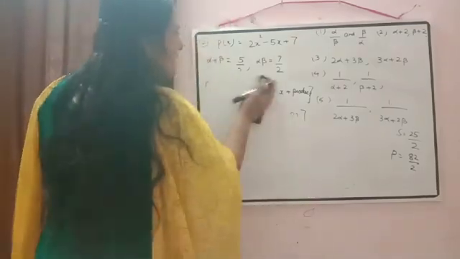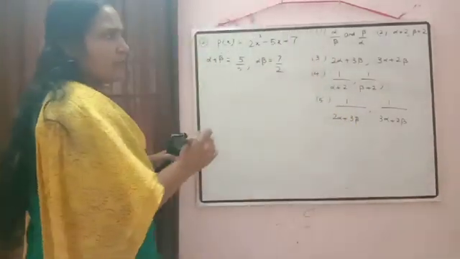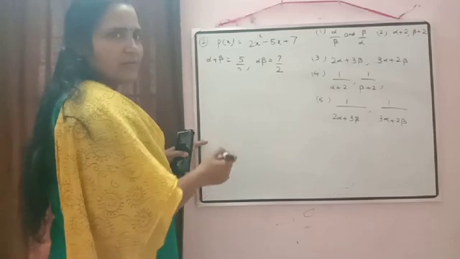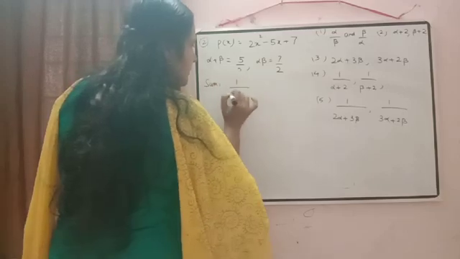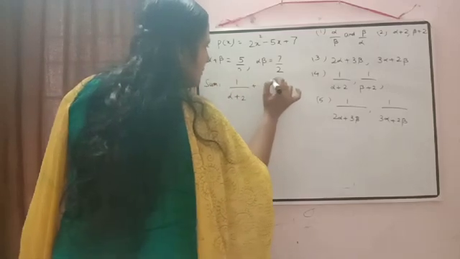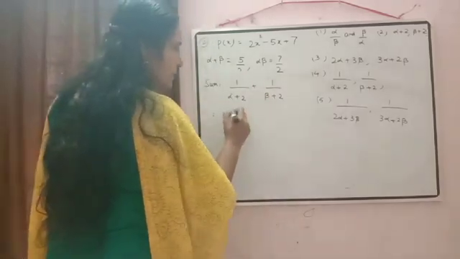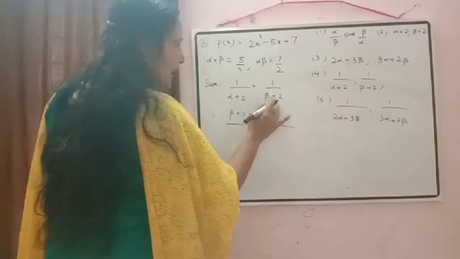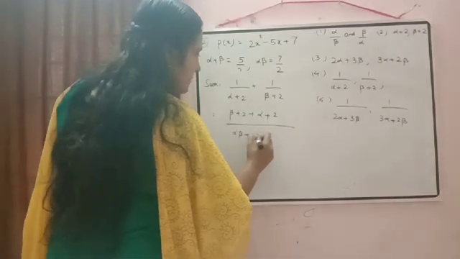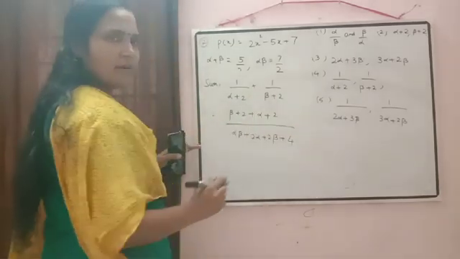In question number 4 it is written the zeros are 1 by alpha plus 2 and 1 by beta plus 2. So we can do the cross multiplication here. First we can calculate the sum. It will be equal to 1 by alpha plus 2 plus 1 by beta plus 2. Do the cross multiplication, then we will get here beta plus 2 plus alpha plus 2 by alpha beta plus 2 alpha plus 2 beta plus 2 2s are 4.